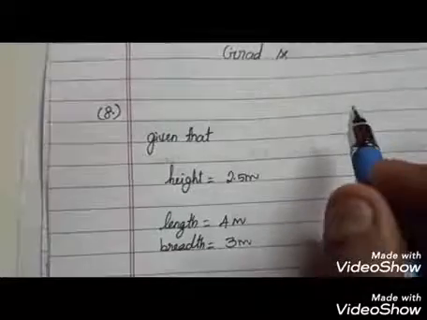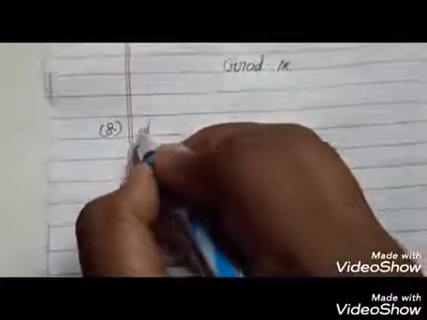Here the values of length, breadth, height are given: length is equal to 4 meter, breadth is equal to 3 meter, and height is equal to 2.5 meter. By substituting these values, we have to find out the required tarpaulin. Now we see the solution.